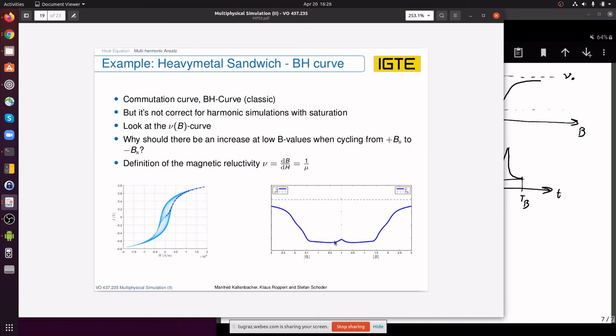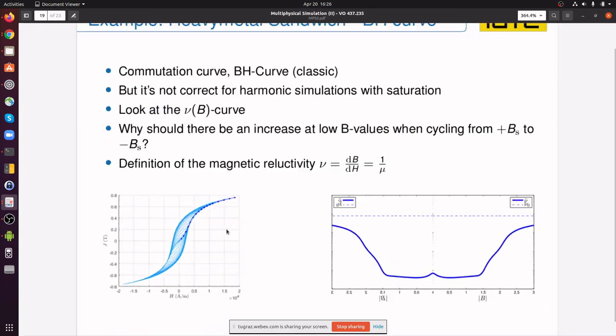So this kink here is simply wrong, and the reason why many people use these wrong material models is because this is the result of the so-called commutation curve, which is depicted here with the dots.